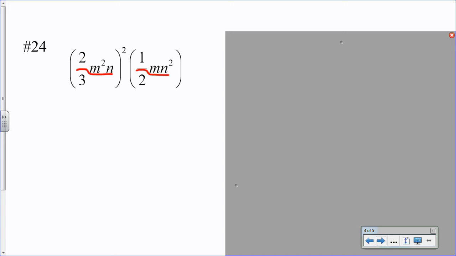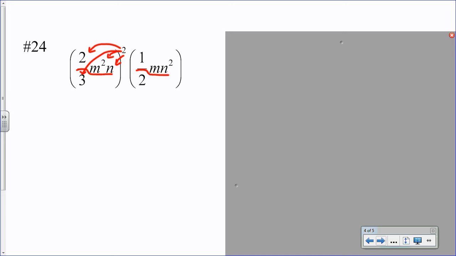Okay, so in this first set of parentheses, I have an exponent outside, so I have to distribute that. I have to distribute the 2. So 3 bases on top and 1 base on bottom.